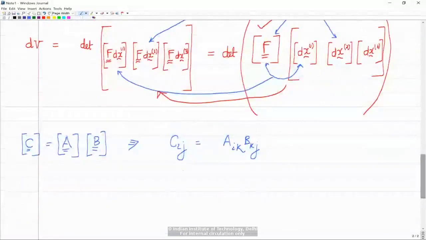So let me now try to get, using this formula, the first column of the C matrix. So first column would mean j has to be equal to 1, right? j has to be equal to 1. So Ci1 is then Aik into Bk1.